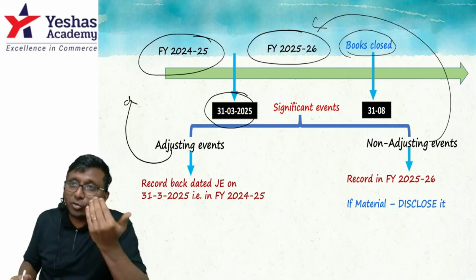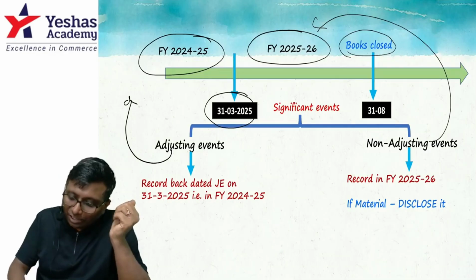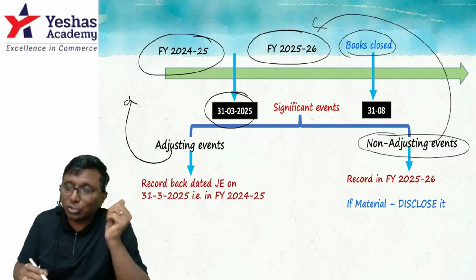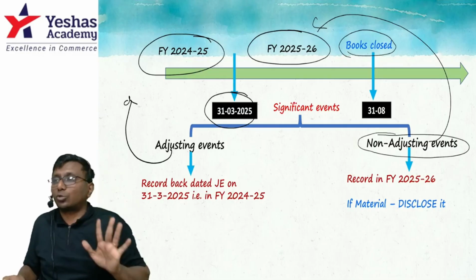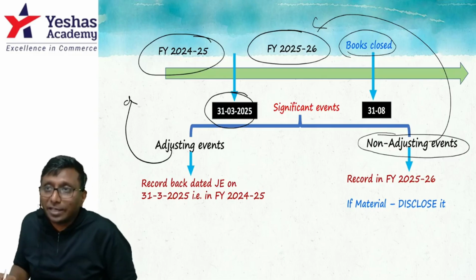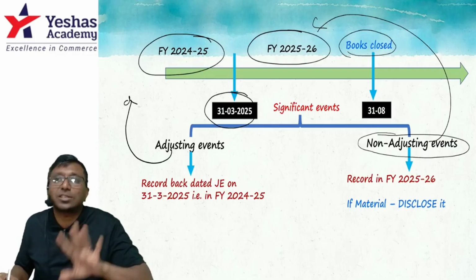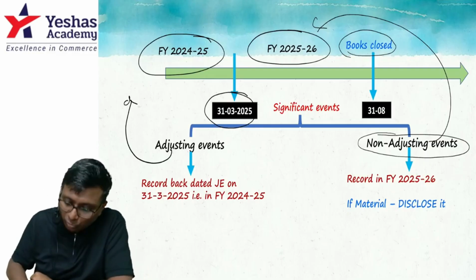This is something important. In the accounting standard, non-adjusting events we used to disclose in the board of directors' report. But as per Ind AS, even a non-adjusting event should be disclosed in the financial statements.